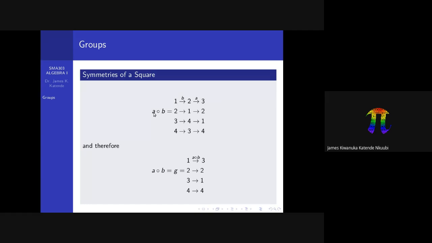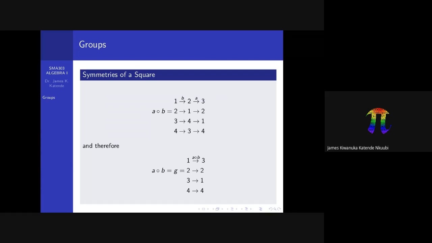So if you have A, B, C, remember the order is from right to left. If you have A of B of C, then C will act first, followed by B, and then followed by A. Whatever you get as the last column will give you the new elements that you have obtained through that composition.